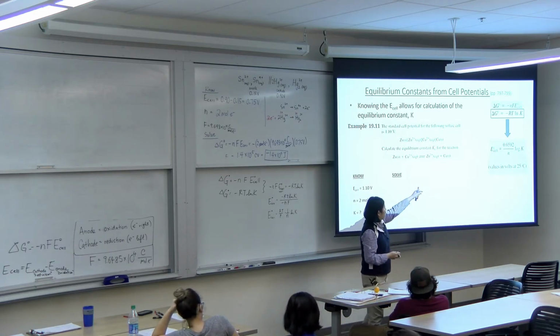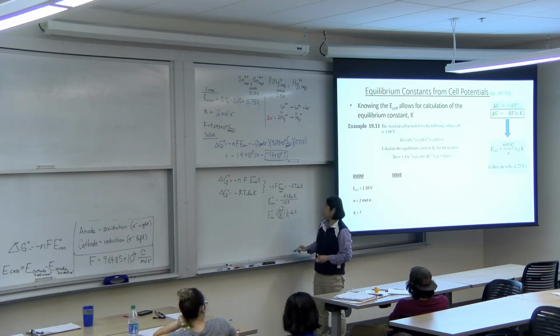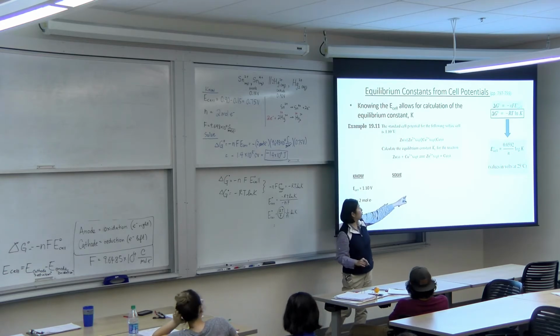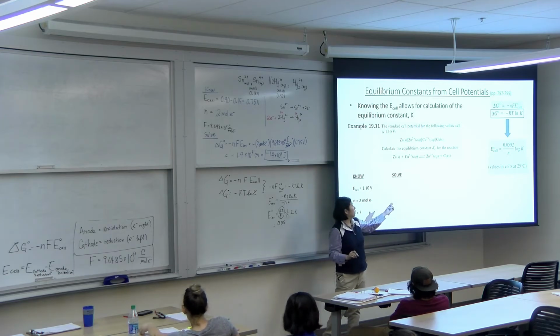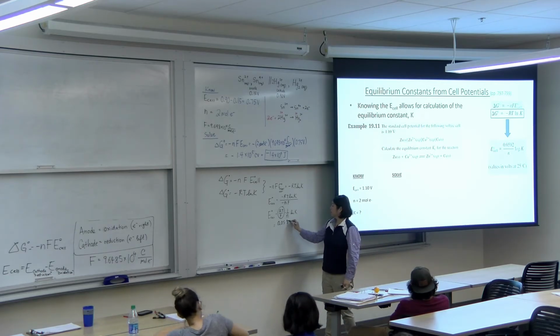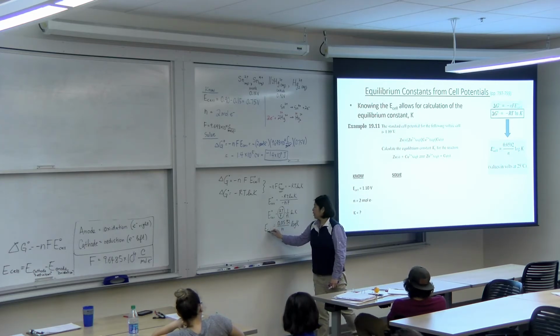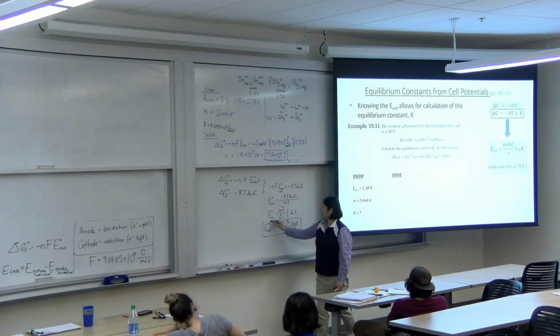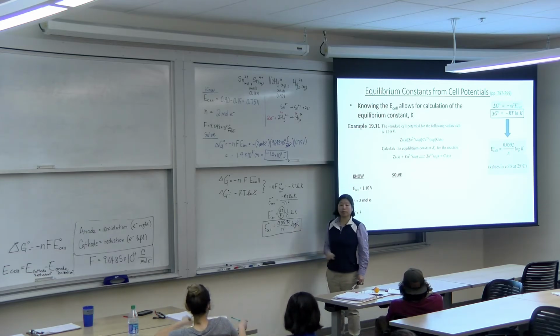So if I got rid of the ln and replaced it with log and folded that into this constant here, I'm going to get, and they calculated it out for us, 0.0592 divided by n, log of K. So they basically took these two equations and distilled it down into an easier equation where instead of having to plug in 3 different constants, you just use this number here.